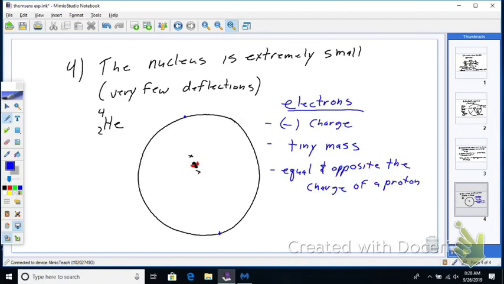Okay, extremely high charge to its mass when you look at the ratio. Okay, electrons can be lost and gained by the atom. Okay, and they're located outside the nucleus.